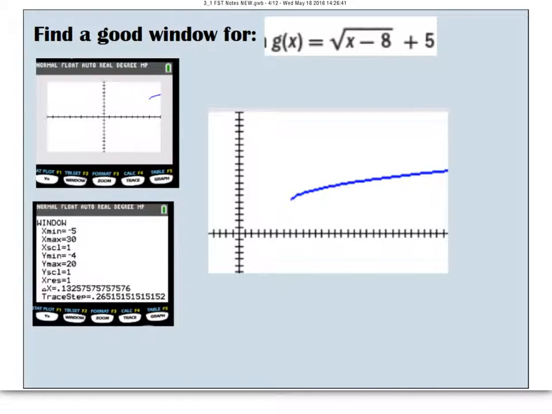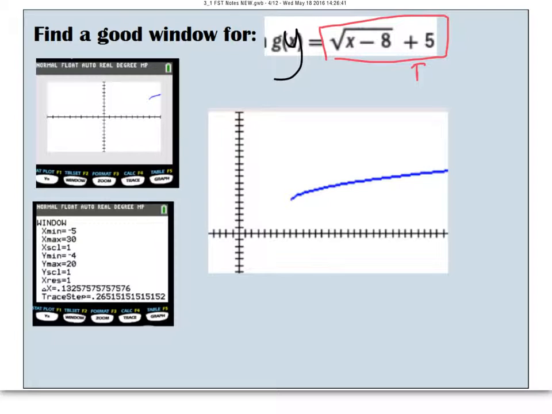Again, this is just y equals. So in the graphing calculator, I'm going to click the y equals button. In the y equals prompt, I'm just going to type the square root of x minus 8. Make sure to arrow out on the right so we can be out of the square root symbol, and then do plus 5. When I hit graph on that, I got this picture here.